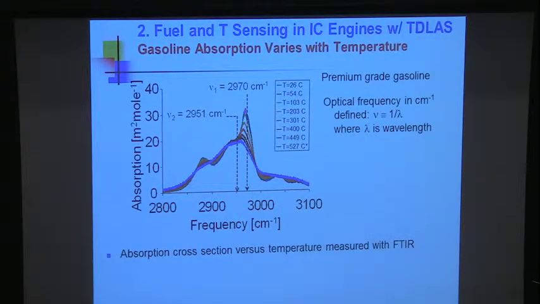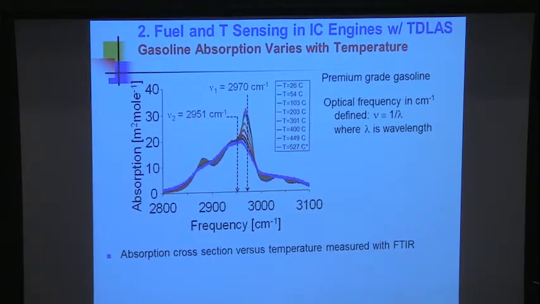First thing you do is worry about the temperature dependence of the spectrum. This happened to be some sample of premium grade gasoline that we bought at the local gasoline station. We changed the temperature, and you change the height of this particular prominent peak in the spectrum.